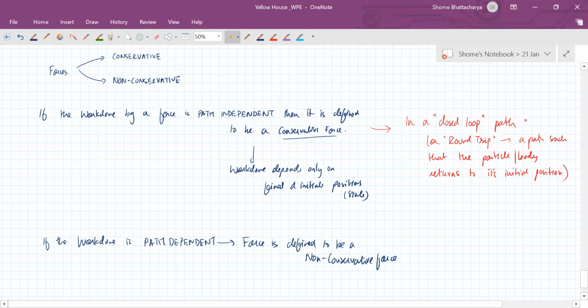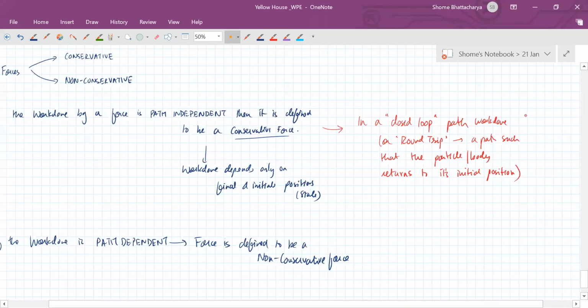So in a round trip or closed loop path, the work done must be zero for a conservative force.